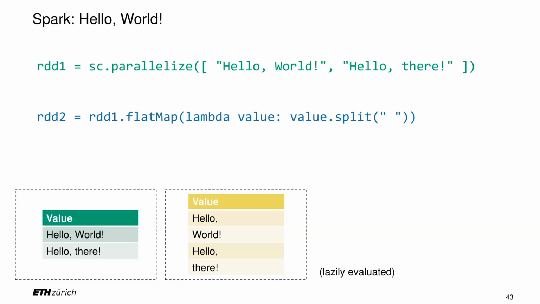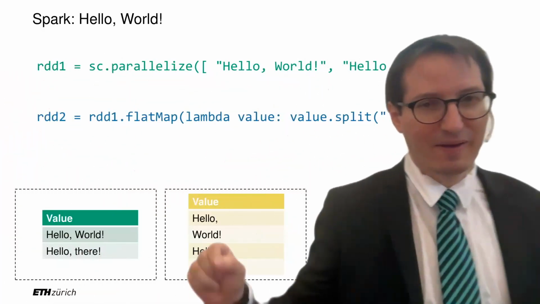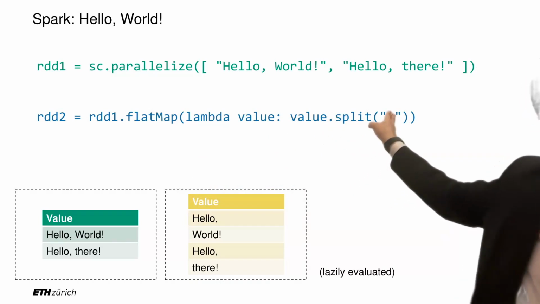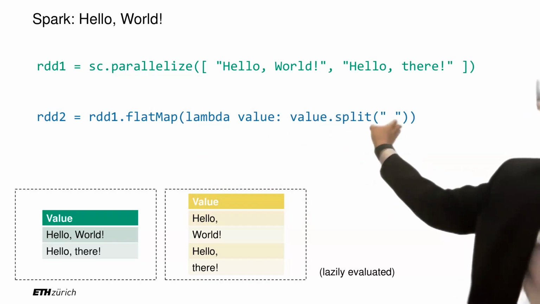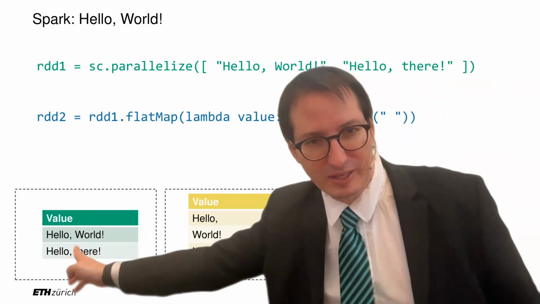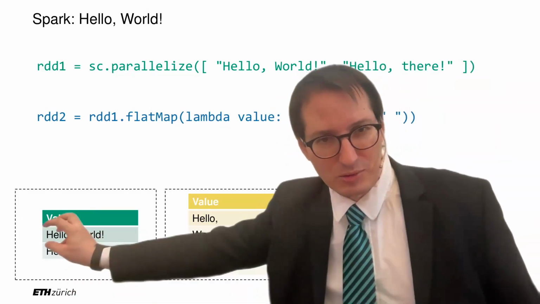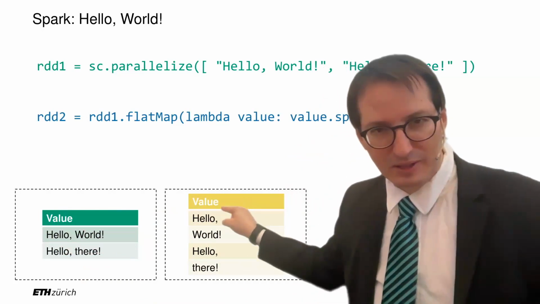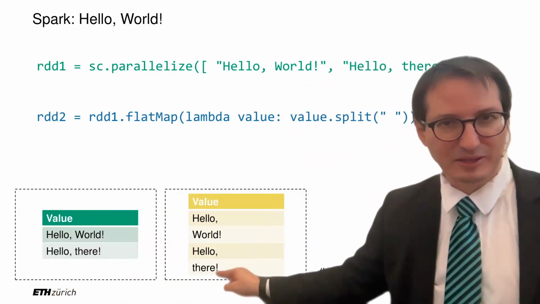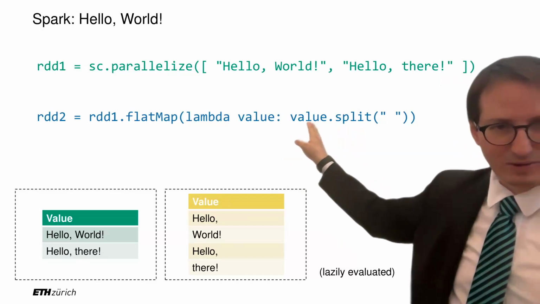Just like in MapReduce, we have the map function that we specify. And this is my map function. My map function splits with respect to space, right? That's a way in Python of just saying that there's a space here, so you cut it here, and there's a space here, so you cut it there. So that gives us 1 and 2 here, and 3 and 4 right here, right? So this is what value split does.